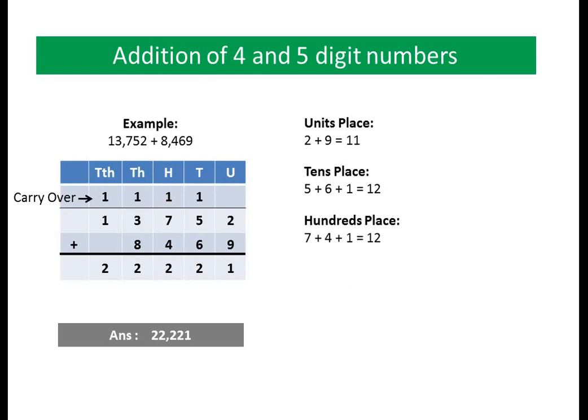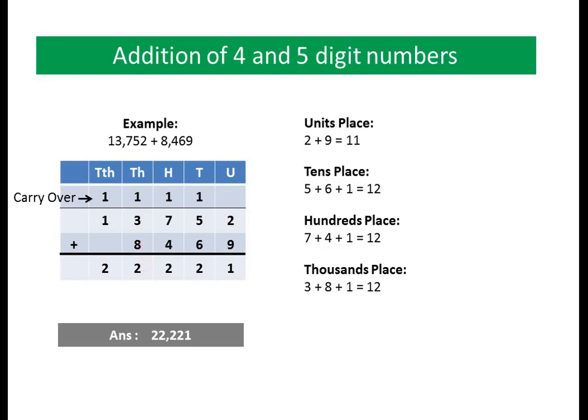Next add digits in hundreds place. 7 plus 4 plus carried over 1 is equal to 12. Write 2 in hundreds place and carry 1 to thousands place. Then addition of thousands place. 3 plus 8 plus carried over 1 is equal to 12.